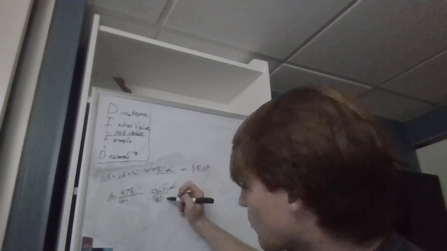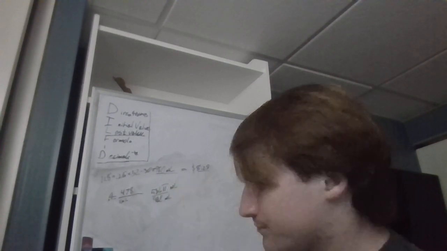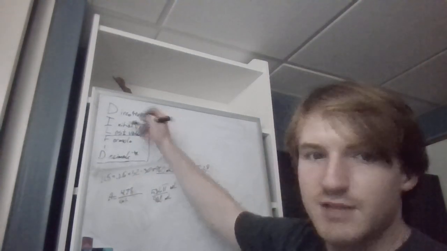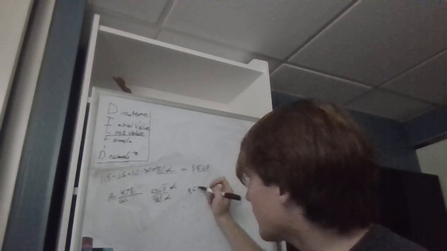We're making a ratio to find out how much it costs, because that's the last value. We need to find out how much it costs. So 0.55 times 8.29 is 4.57.